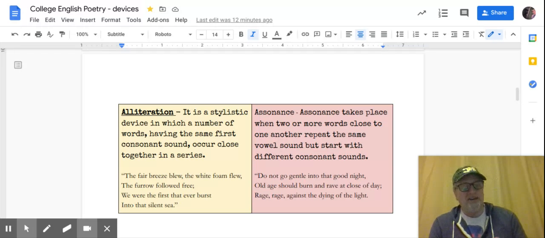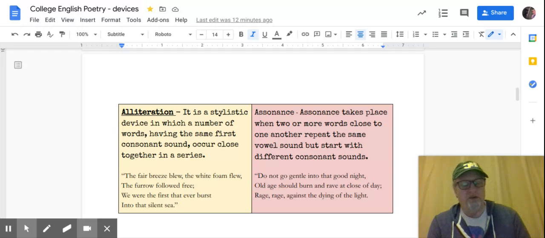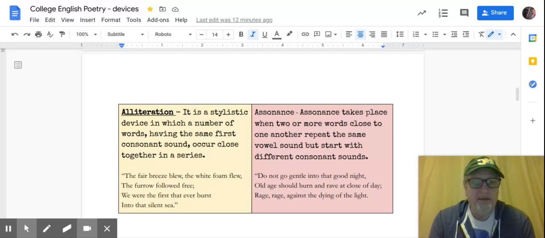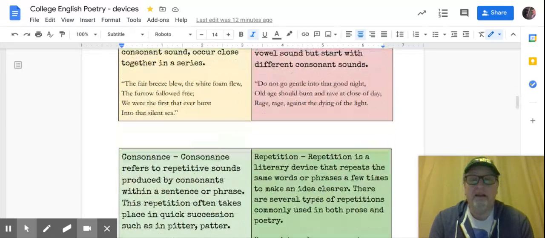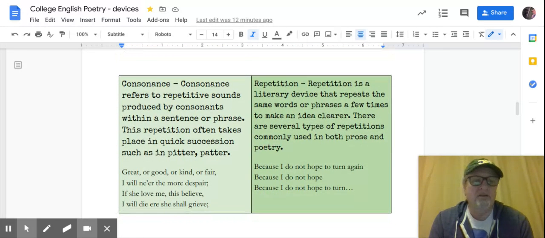So that's assonance. Assonance adds volume to a poem, and if you read a poem out loud to yourself, it's almost impossible not to read those lines loudly.